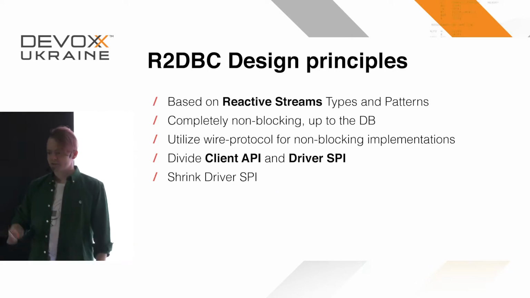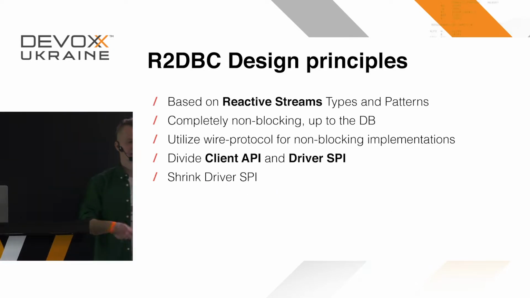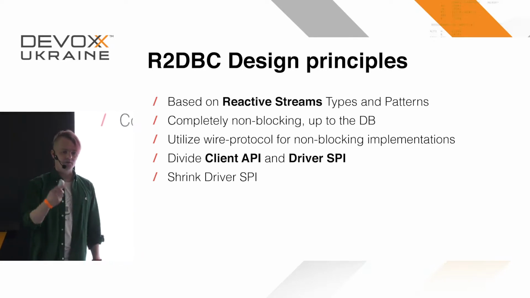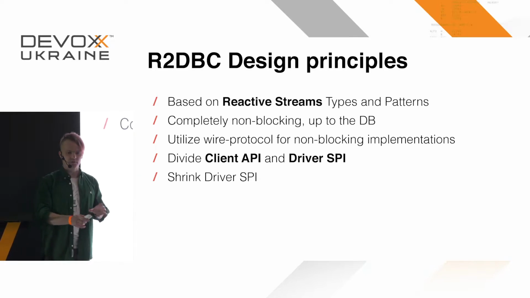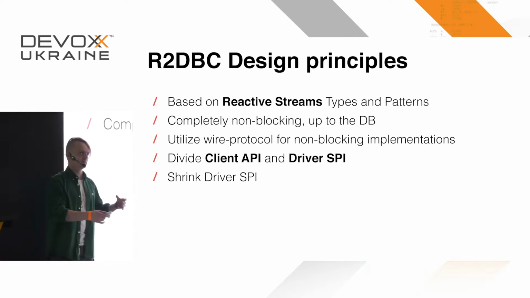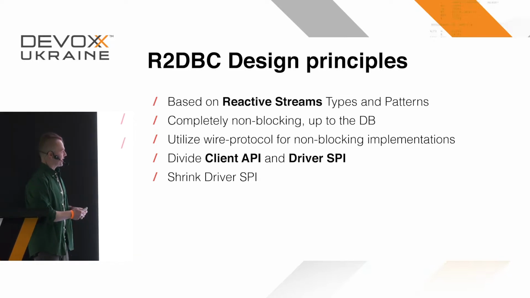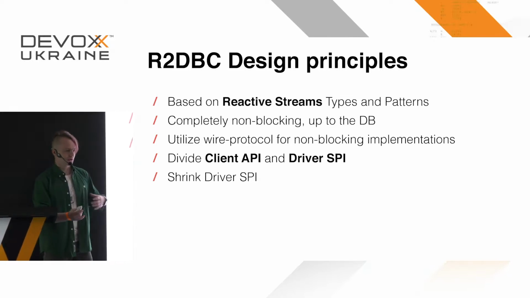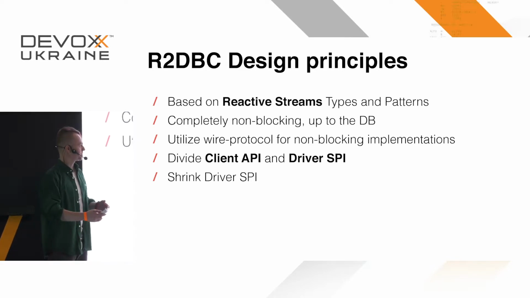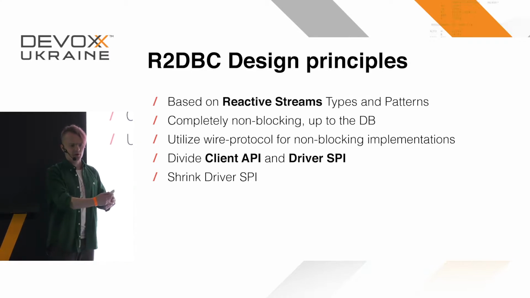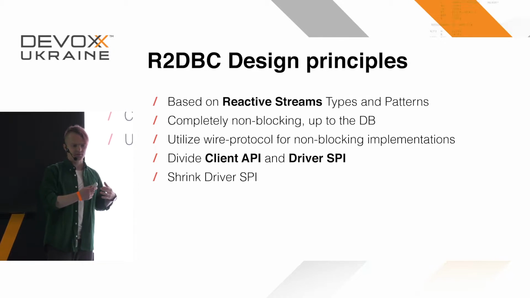And it has a couple of principles. It's based on reactive streams and reactive types. It's completely non-blocking up to the database, so nothing should be blocked in any place where you're running your application. It tries to utilize the wire protocol, the protocol you communicate with the database, for non-blocking communication, because usually you communicate through the network, and the network itself is non-blocking. It's just JDBC blocking that tries to wrap that non-blocking complexity.